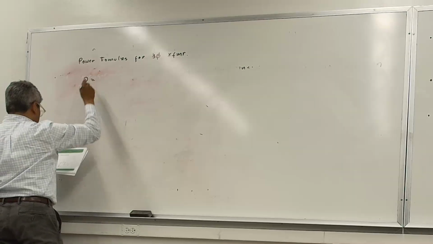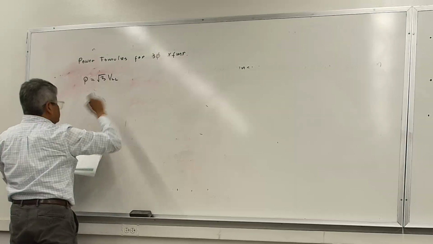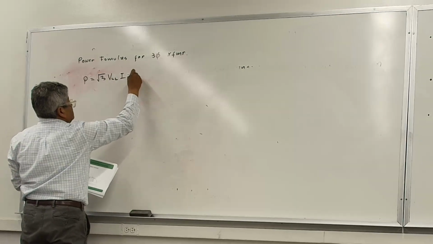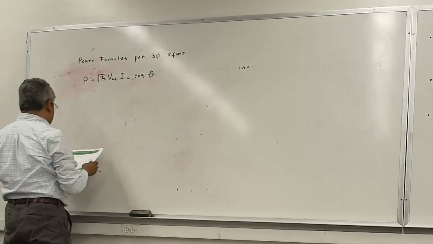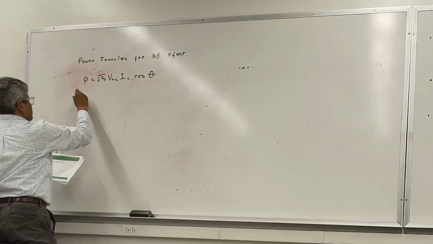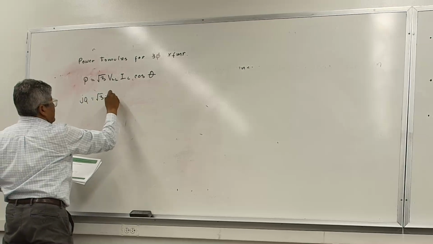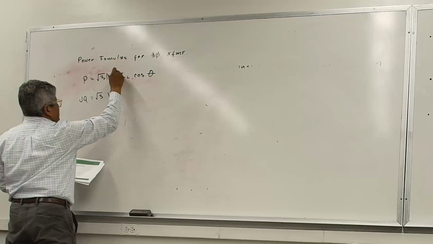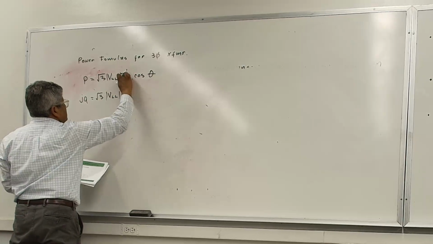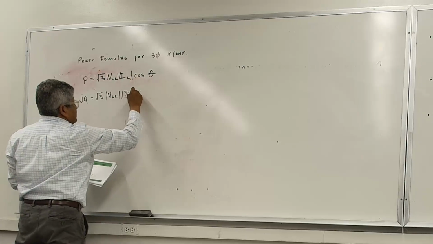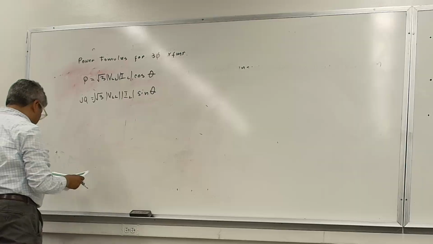P equals square root of 3 V line-to-line I line cosine theta, and theta being the angle between the voltage and the current, as we have discussed. And jQ is square root of 3 V line-to-line, and this is magnitude, remember, not phasors, magnitude I line, sine theta, and this is a j right here because that's your imaginary part.